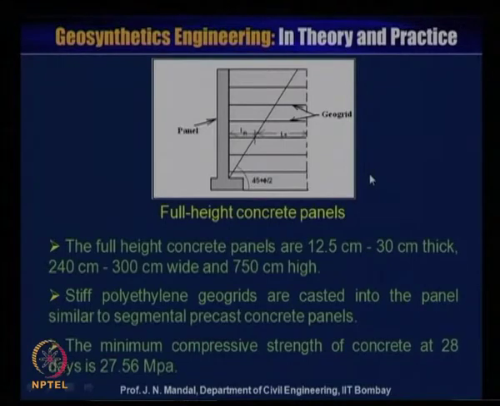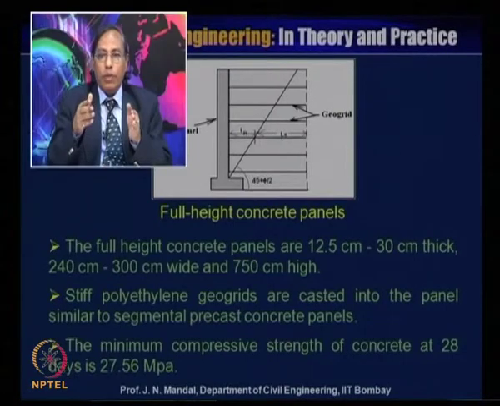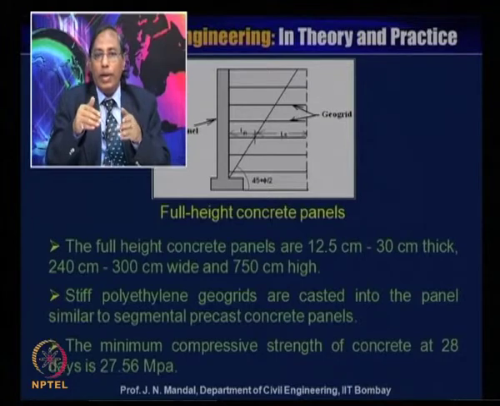This is the full height concrete panel. This is the number of layers of geogrid reinforcement. Now full length concrete panels are 12.5 centimeter to 30 centimeter thick, and 240 centimeter to 300 centimeter wide, and 750 centimeter in height.